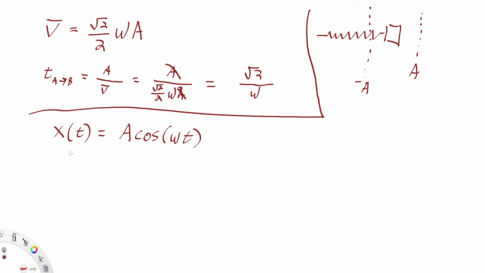So the biggest that this thing can be is A, and the minimum it can be is minus A. That checks out, because that's exactly what we expect for the stretch.